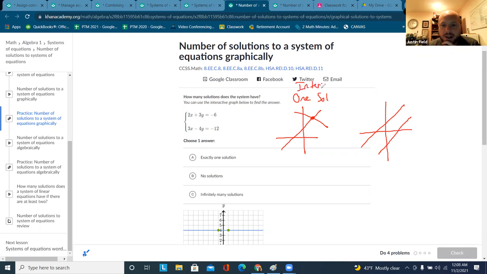So these are intersecting, but also the lines could be parallel, like these bad boys here. And so that's called no solution. And then, of course, the lines could be multiples of themselves, same line. That is infinite solutions.